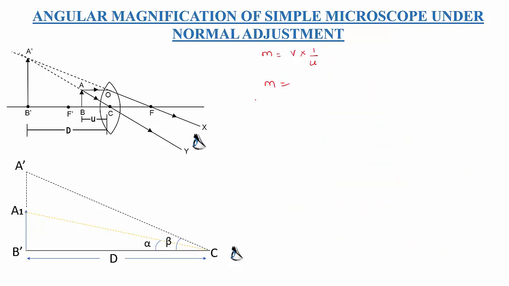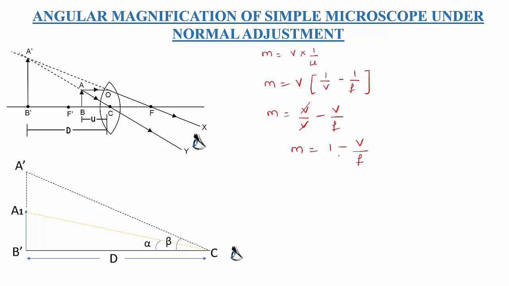So in place of 1 by U, we write 1 by V minus 1 by F. Multiply by V: V by V minus V by F. So V will get cancelled. So we got M equal to 1 minus V divided by F.